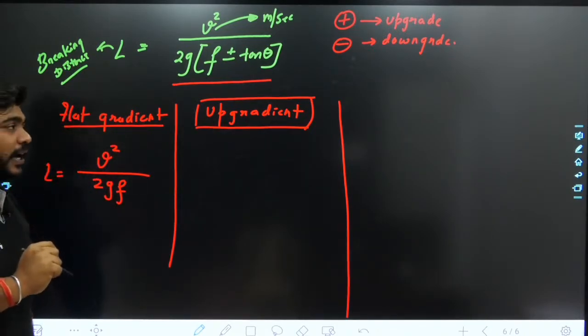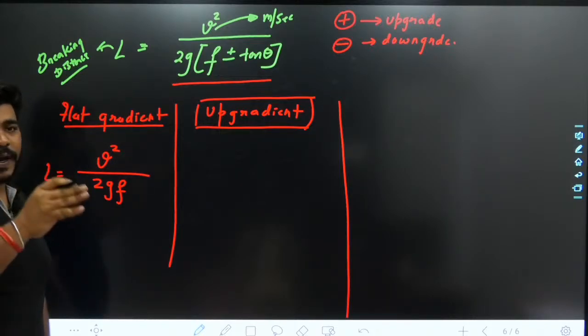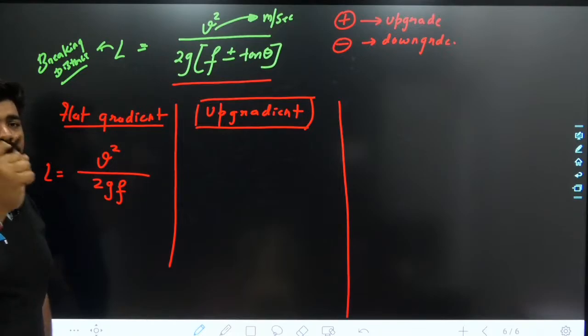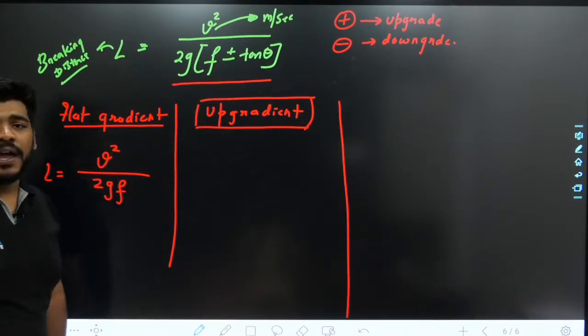This is the reason behind it. So you can remember this by one thought, common sense: if you are going on an up gradient, you need a lesser distance compared to a flat gradient.